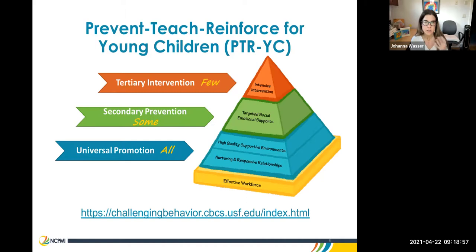So just to give you a little bit of background about myself, I know some of you may be new to me. My name's Johanna, and I've been working with pyramid model for, gosh, at least 15 years. When I was in graduate school in Denver, one of my professors was Gail Joseph, who was one of the creators of pyramid model.